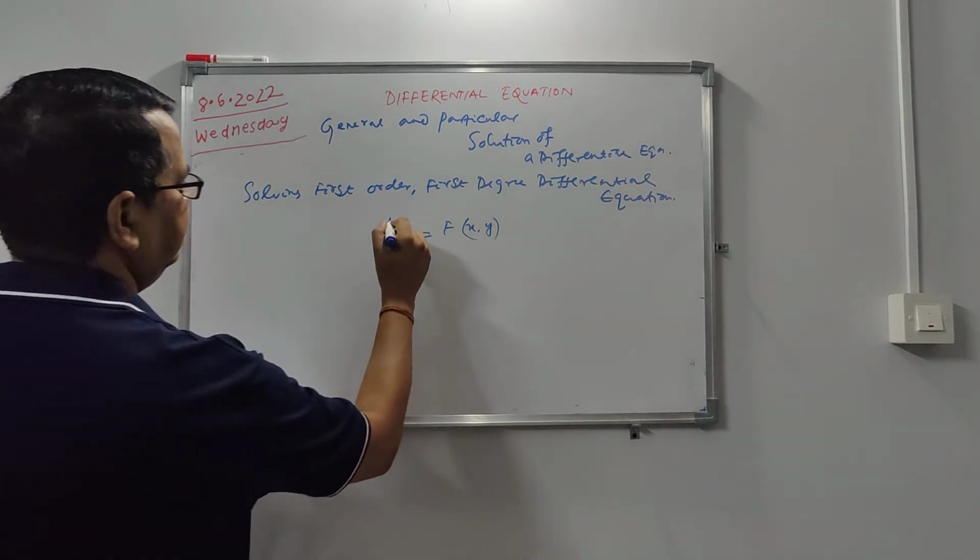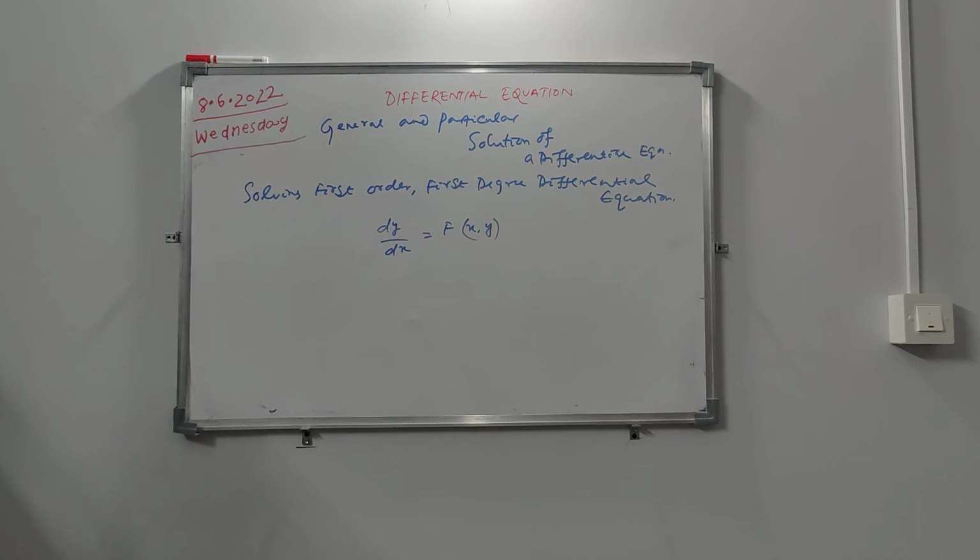Why first order? Because it has the first derivative, and it has a power of 1. That's why it is a first order first degree differential equation.